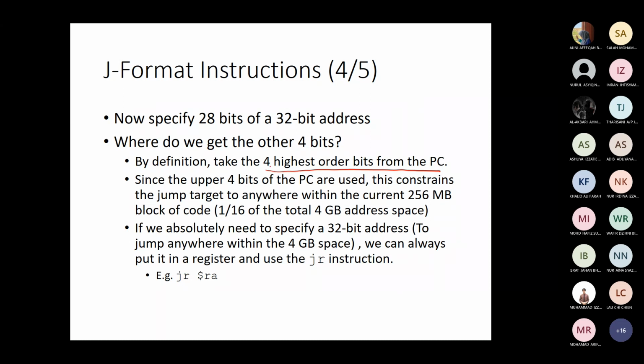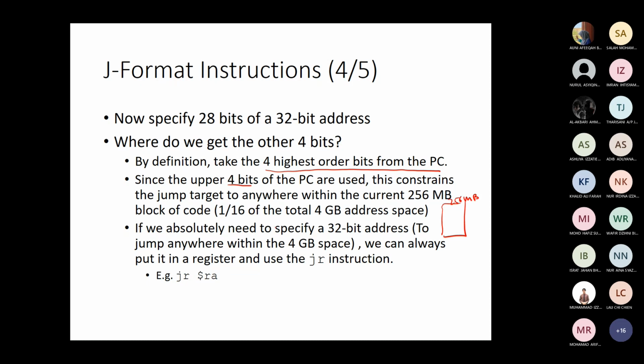Since the upper 4 bits of the PC are used, this constrains the jump target to anywhere within the current 256 megabyte block of code, 1/16 of the total 4 gigabyte address space. So if you are using the 4 bits of the PC, the instruction you can jump to is within a 256 megabyte block of code.